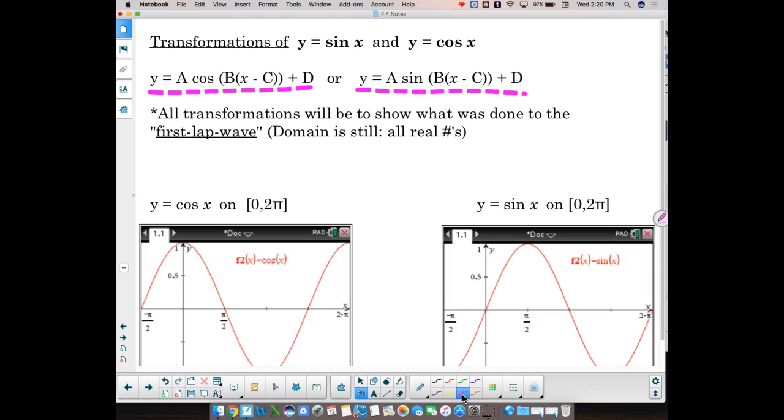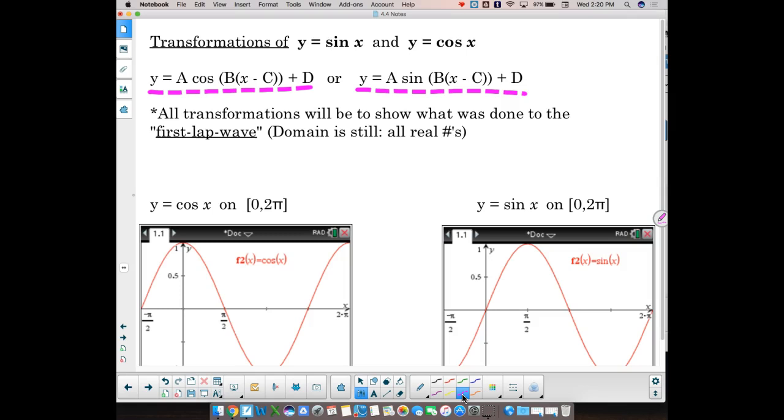Okay? So all transformations will be to show what was done to the first lap wave. So the first lap wave is that very first one. On cosine, the first lap wave goes from 0 to 2 pi. And on sine, again, from 0 to 2 pi.